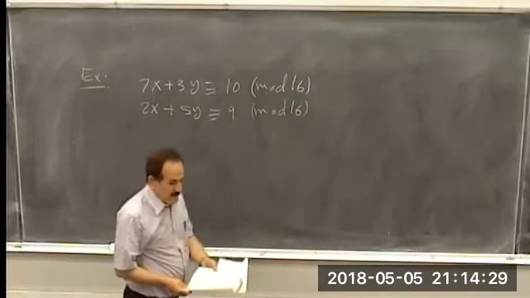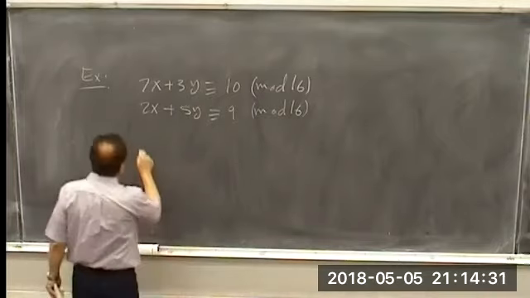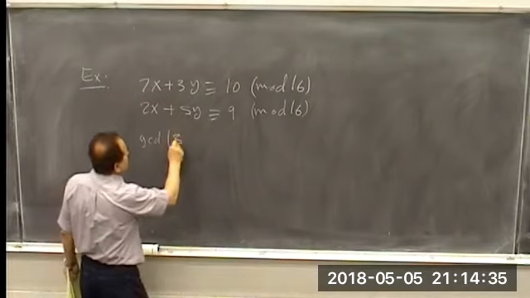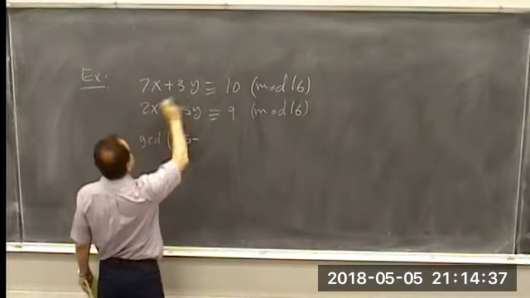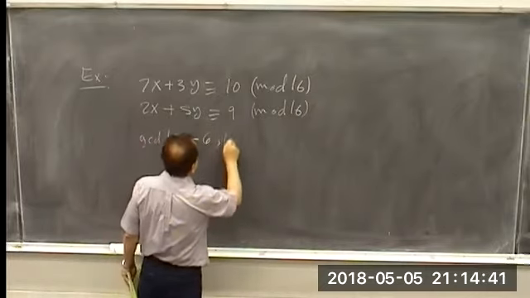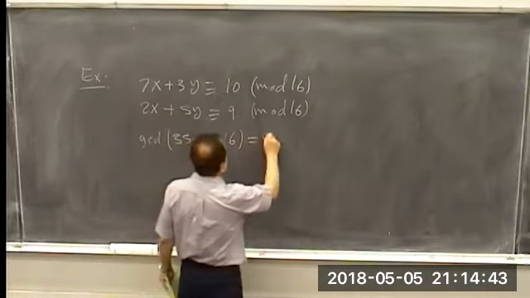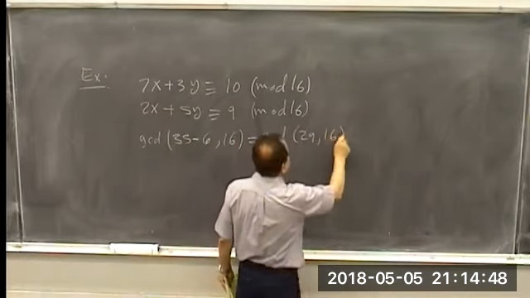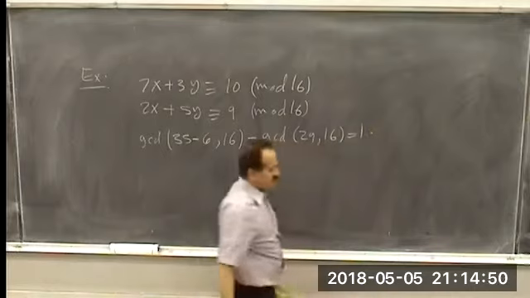Furthermore, notice that the greatest common divisor of AD, which is 35, minus BC, which is 6, and 16 is the same as the greatest common divisor of 29 and 16. This is equal to 1, so we have a unique solution.